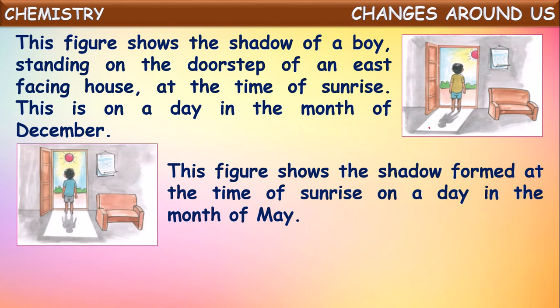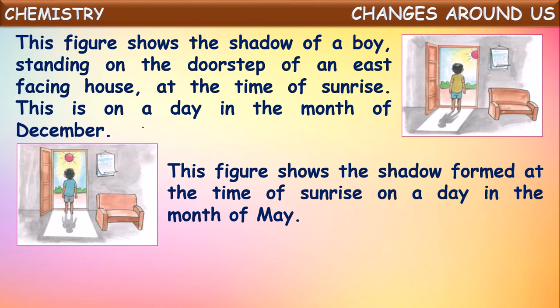See here, this figure shows the shadow formed at the time of sunrise on a day in the month of May. If you observe here, the sun is exactly opposite to him, exactly in the east direction. But in December, slightly it is to the right side. From these two, we see that the sun does not rise exactly in the east in all the seasons.